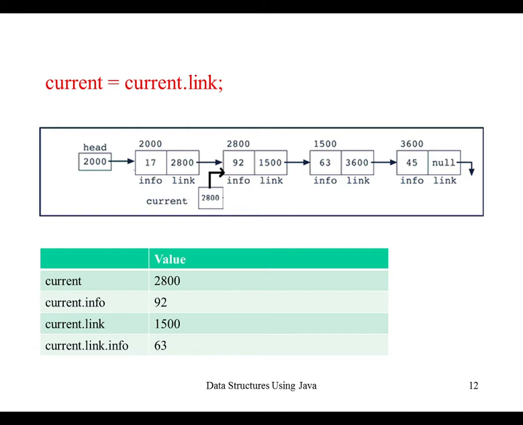This is a linked list after the statement current equals current.link. And the table shows the values of current and some of the nodes of the linked list after advancing current to the next node. Current now is 2800. Current.info is 92. Current.link is 1500 and current.link.info is 63.